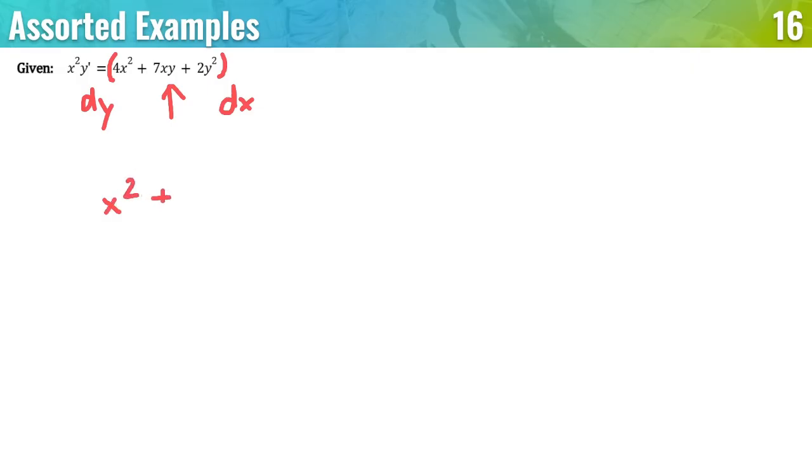X squared plus 7xy plus 8y squared. So the factors of this could be 8 and 1, right?